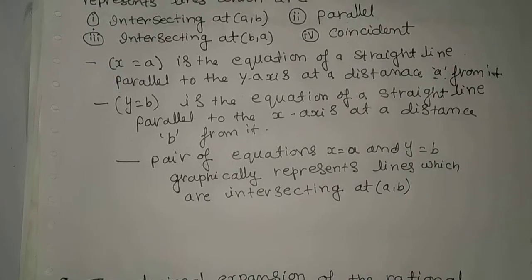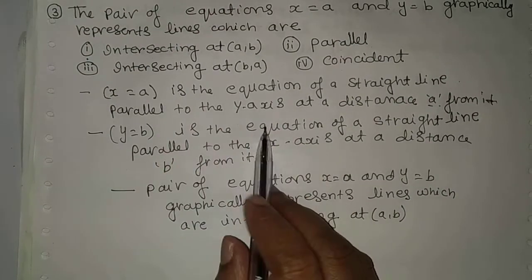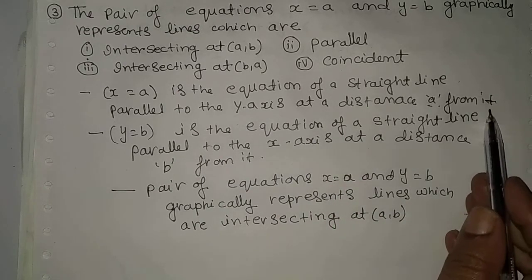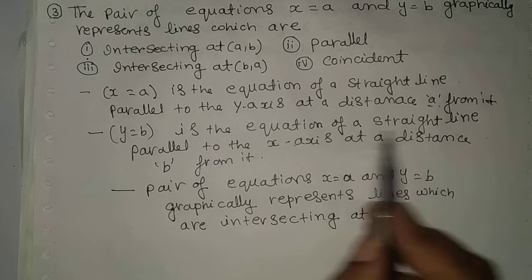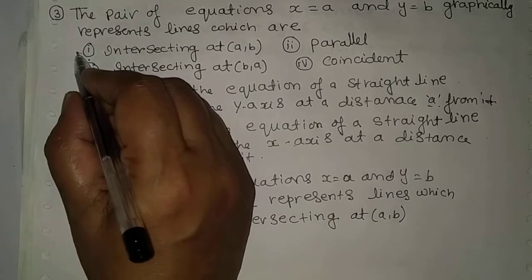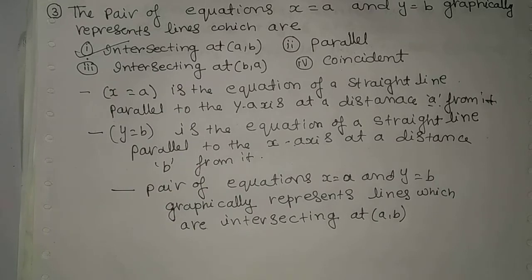We have just written 2 points; that's all. This is for your reference. So option A is the correct answer: intersecting at (a, b).